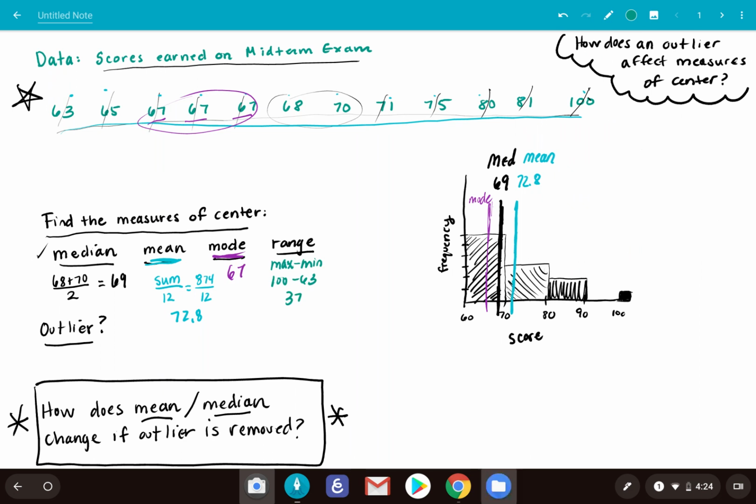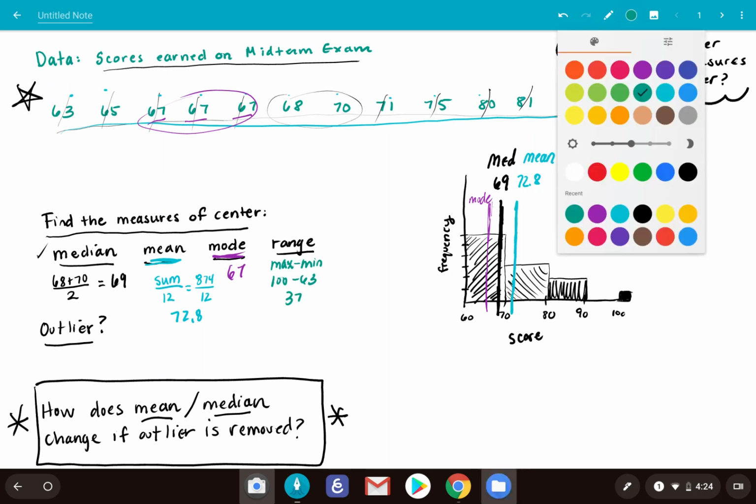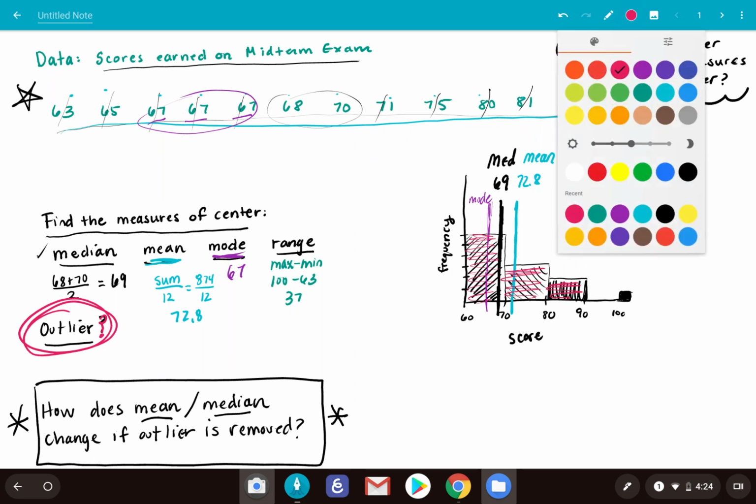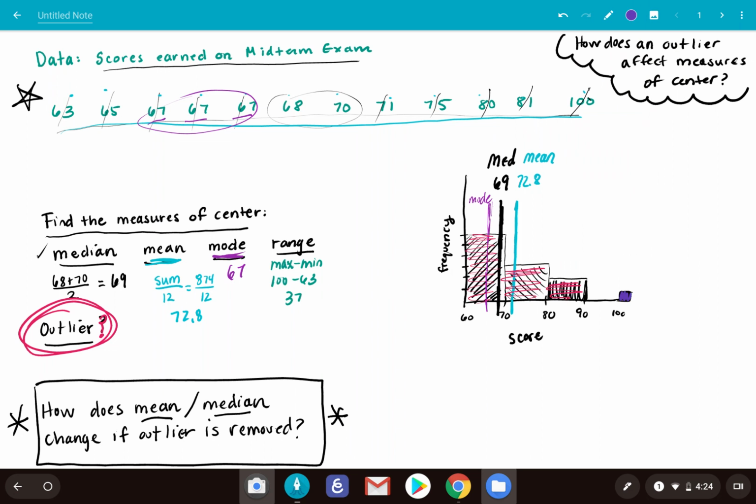Okay, so now that you have your measures of center, think about, does it look like there's an outlier in this data? If you're looking, you have most of your data here between 60 and 90, and then you have this random person who got 100% out here. So this looks like it's your outlier.